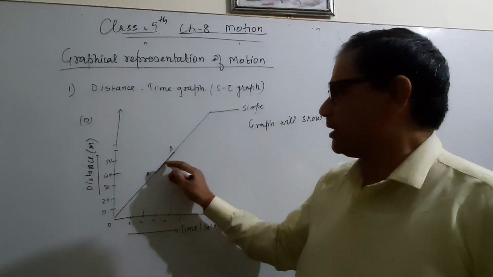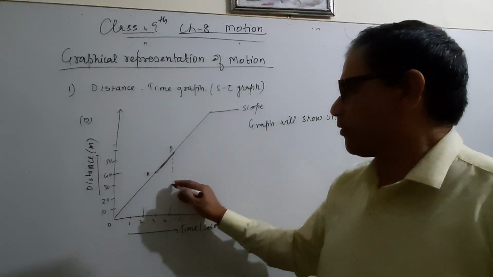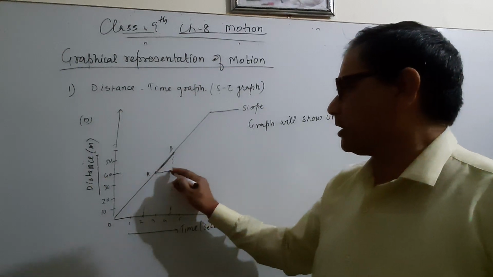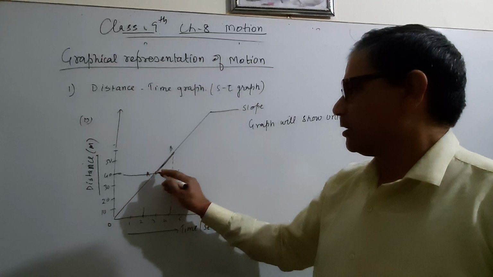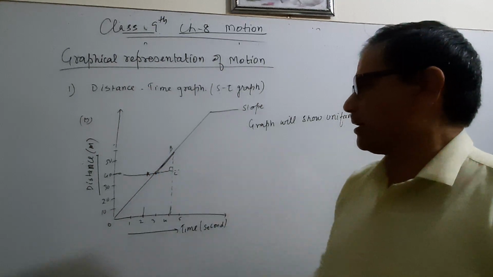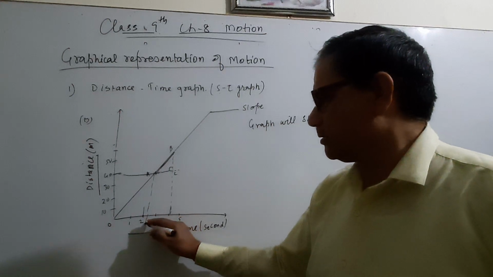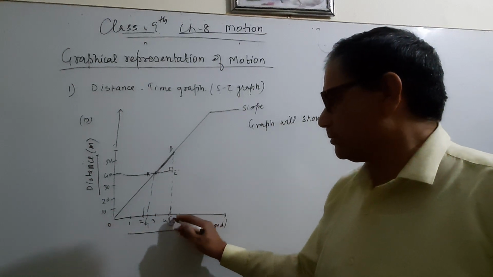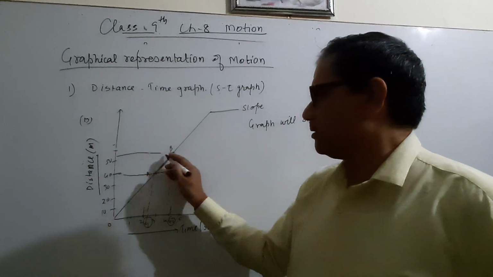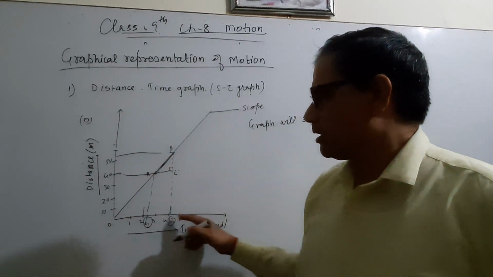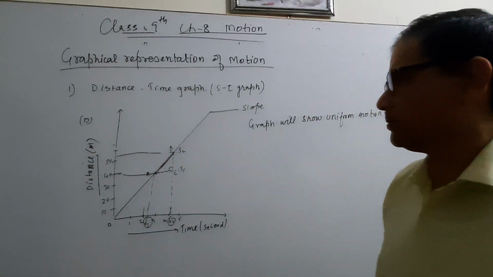And how can we calculate this slope, the velocity of an object? If we draw a horizontal line and a perpendicular, here ABC, it forms a right-angle triangle. This indicates T1 and this indicates T2, and this line, which is parallel to time, indicates S1 and this is S2.